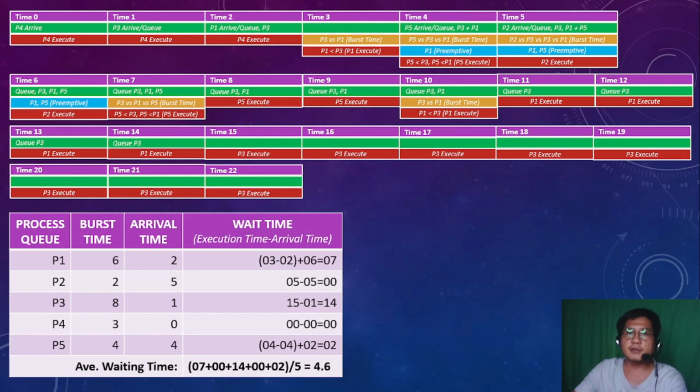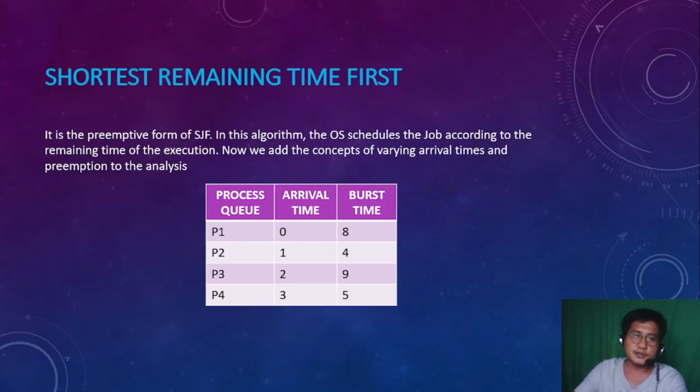So that is the main difference between shortest job first and preemptive shortest job first.